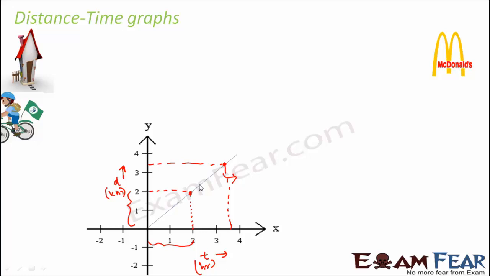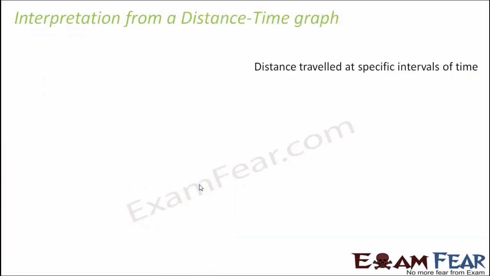That is something you can infer from the graph. Looking at the graph, you can also tell what kind of motion the object has, whether it is moving uniformly or not moving uniformly. All this information can be derived from the distance time graph.